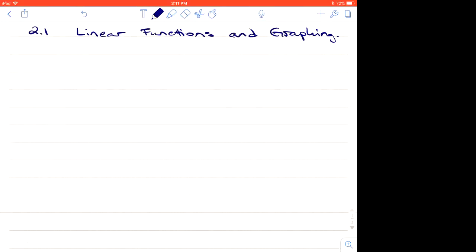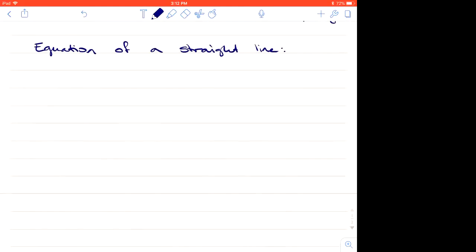So if I say y equals mx plus b, even if you don't think, oh, that's the equation of a straight line, it probably rings a bell from some point in your math career, right? Hopefully. If not, that's okay too. I'm going to tell you right now, the equation of a straight line has the form, and I'm going to use y equals mx plus b just because that's what is usually taught in high school.